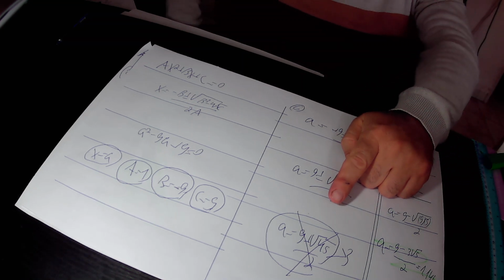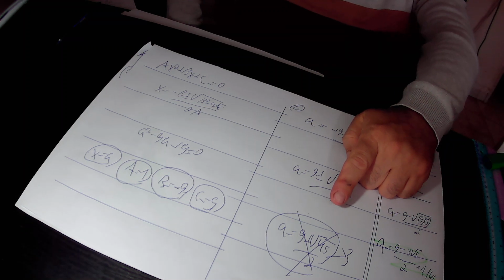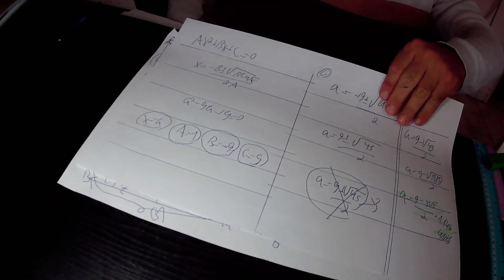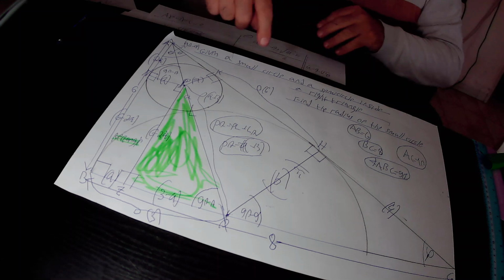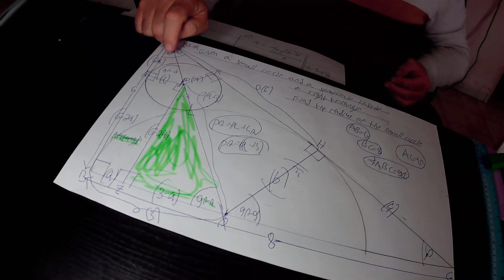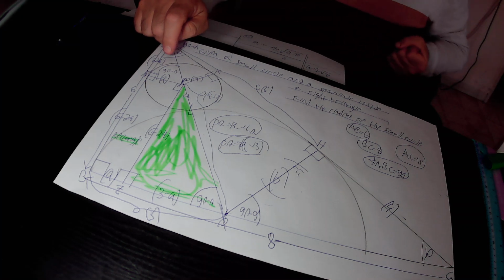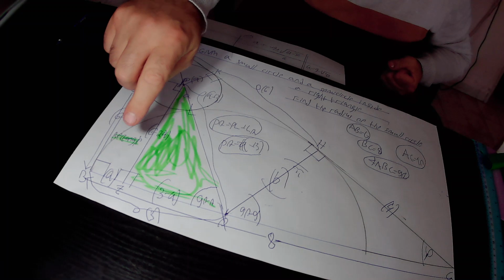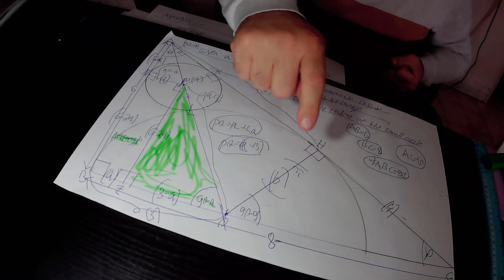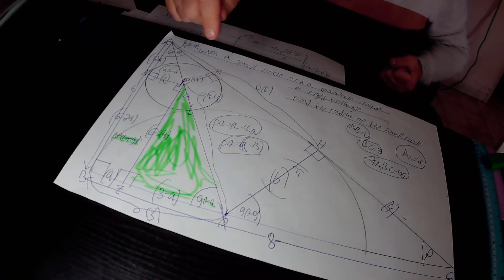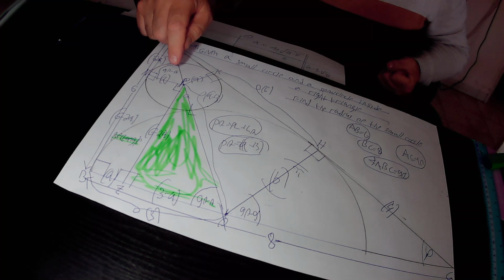This expression, 9 plus the square root of 45 over 2, is greater than 3. So according to the first solution, the radius of this small circle is greater than 3 units. But it is impossible that the radius of this small circle is greater than 3 units, because the radius of the big semicircle equals 3, and the big semicircle is definitely bigger than the small circle.